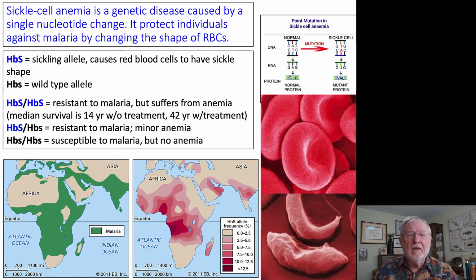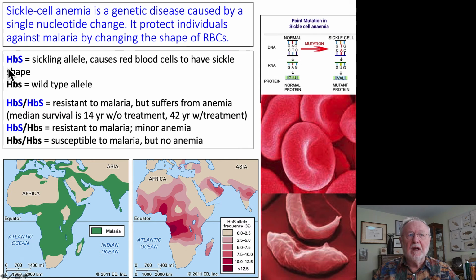Now, there is a defense that humans have evolved against malaria, and that's called the sickle cell gene. So sickle cell anemia, though, is a disease associated with individuals that are homozygous for this gene that then defends against the malaria attack.